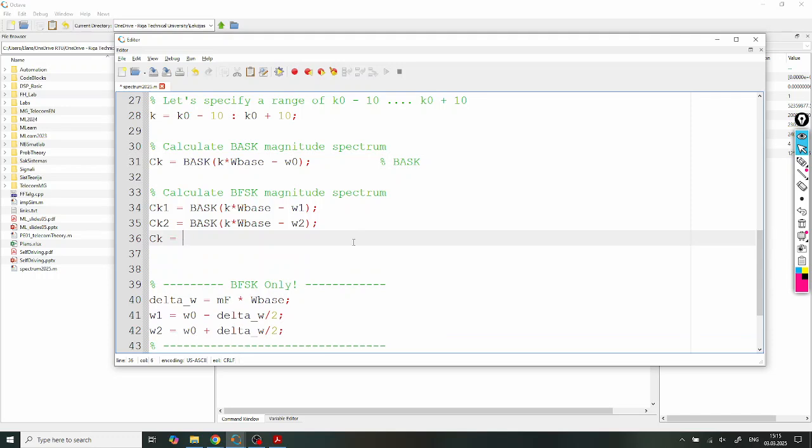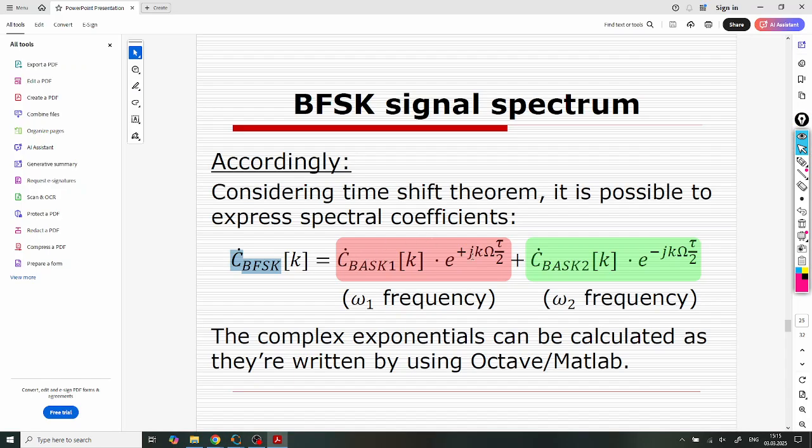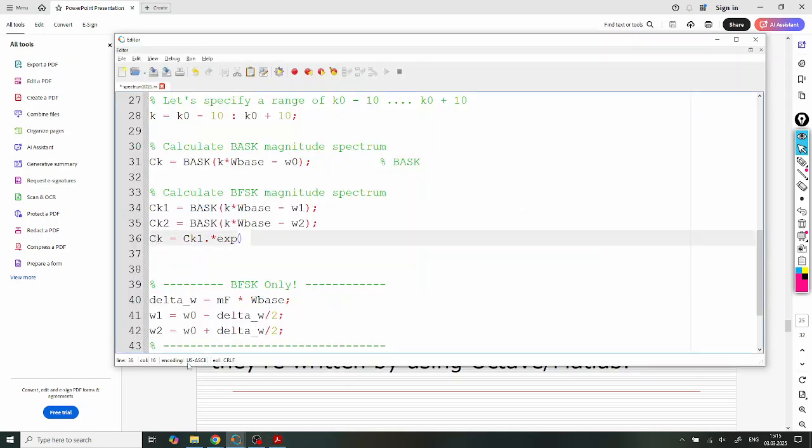So ck, therefore, is going to be ck1 multiplied element-wise, because it's an array, with an exponent of j k omega capital tau divided by 2. So that's 1i multiplied by k multiplied by, sorry, omega base.